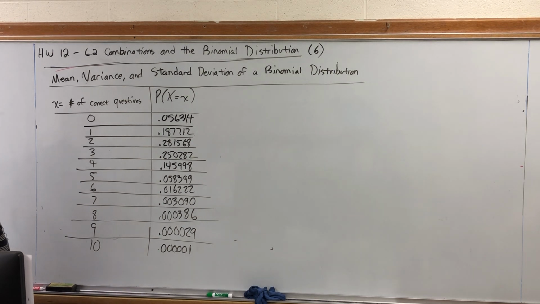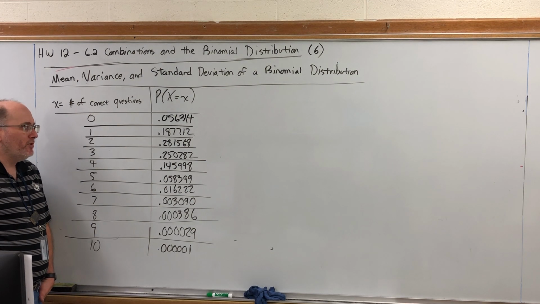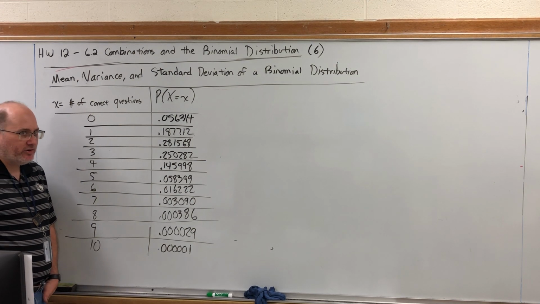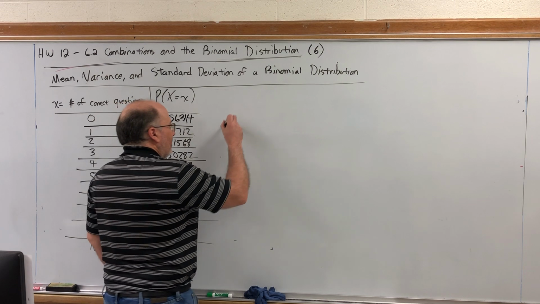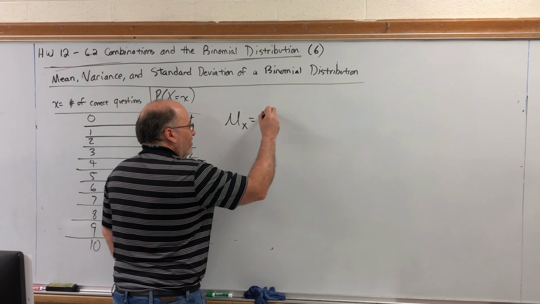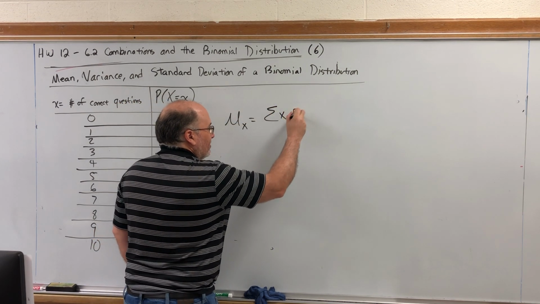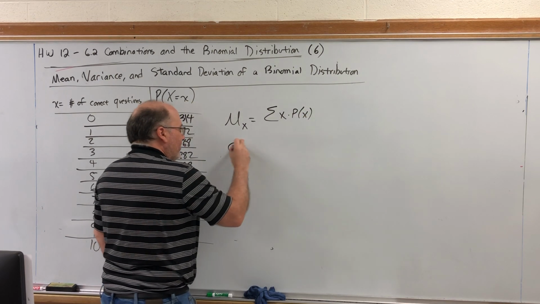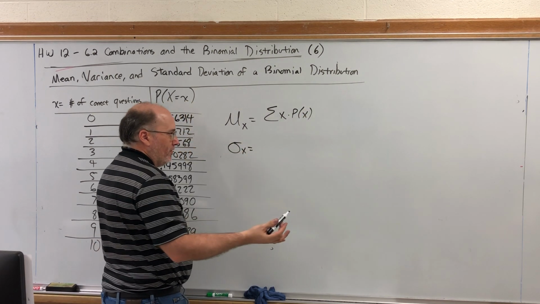Now, when we talked about a discrete probability distribution in 6.1, there was a formula for calculating the mean and the standard deviation. The mean formula, don't write this down, was the sum of each value times its probability, and the standard deviation formula actually came in a couple of flavors.